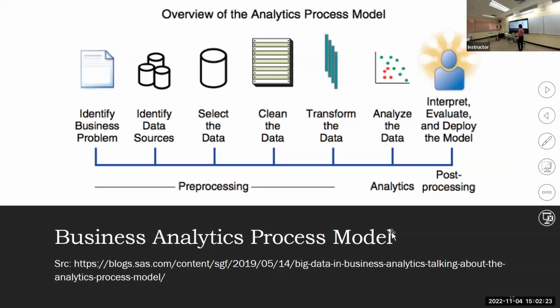Another model, this is kind of similar, right? But just slightly different. This is called the Business Analytics Process Model and proposed by SAS. Okay, SAS is also another company for a large data analytics tool.